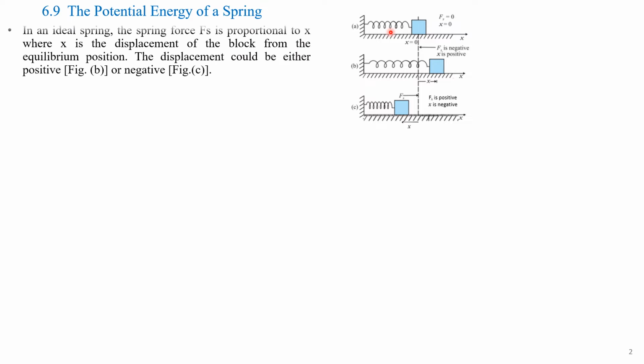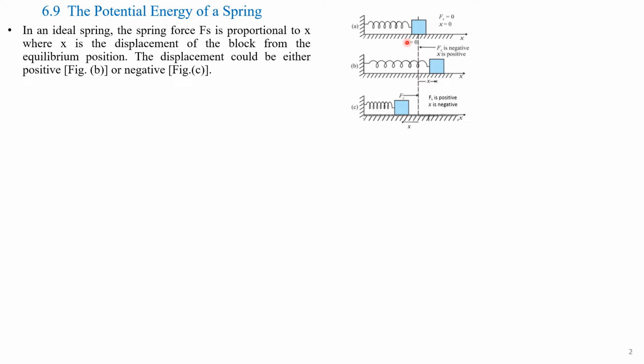In an ideal situation, the spring force Fs is proportional to x, where x is the displacement of the block from the equilibrium position. The equilibrium position is when x is equal to 0.